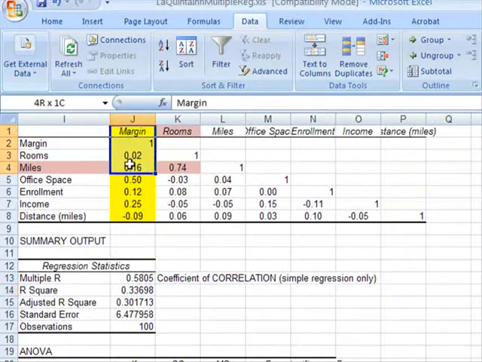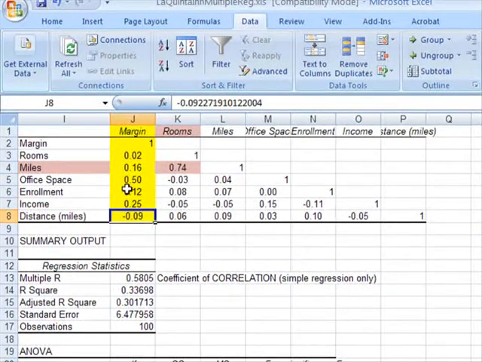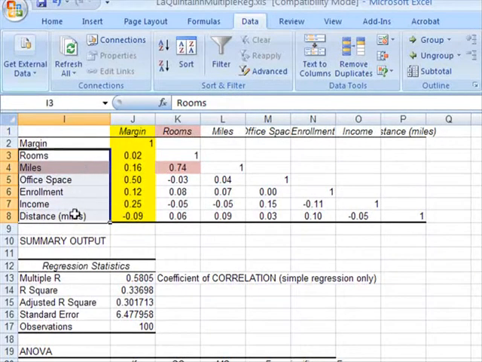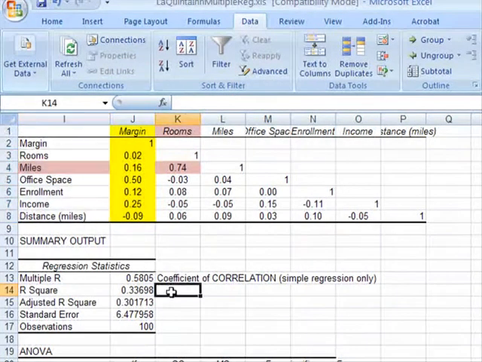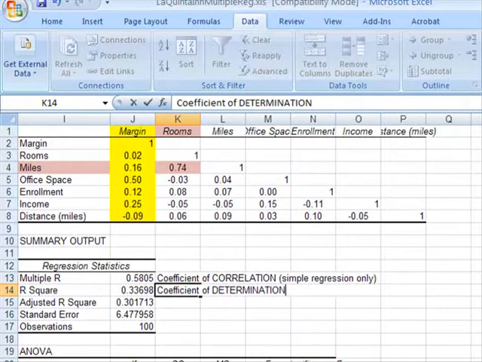Instead, we go and look for the values in my correlation matrix, and each of these is the coefficient of correlation, the individual r's, for the relationship between y and each of the x values. The next one is the R squared, and this is the coefficient of determination, and it's for simple regression only.